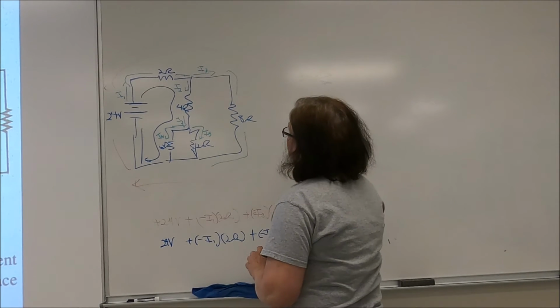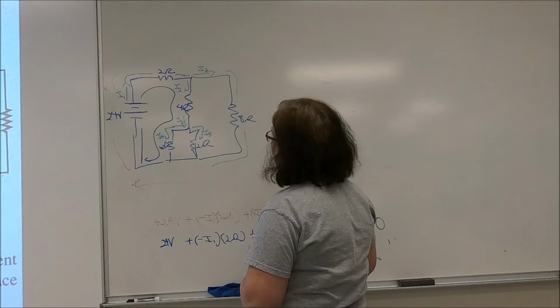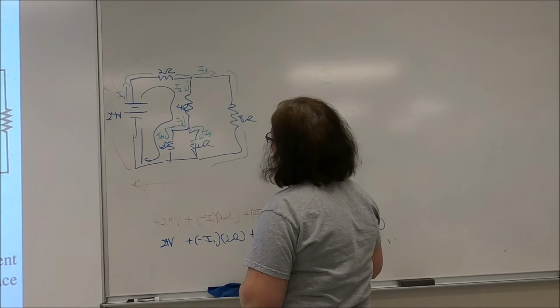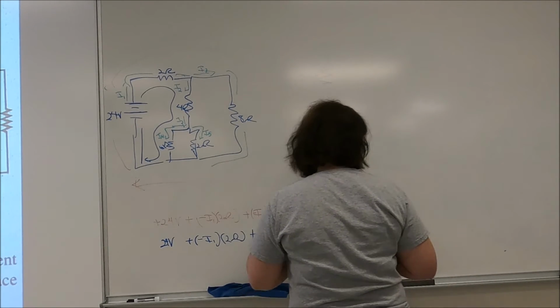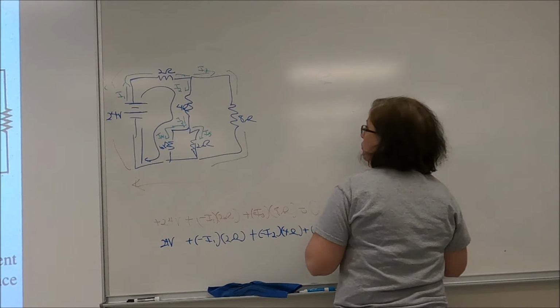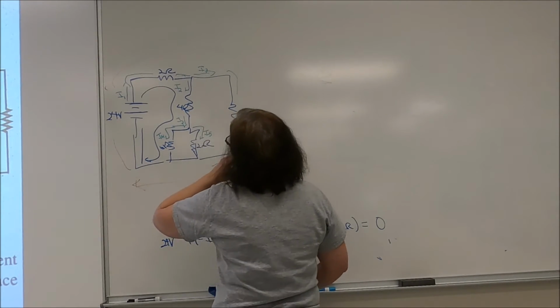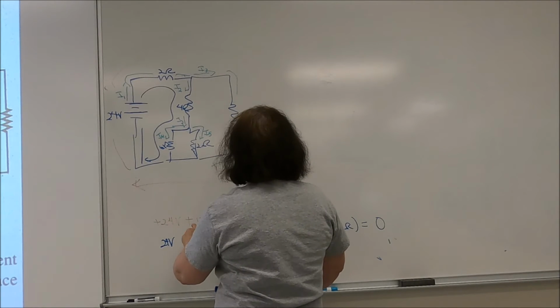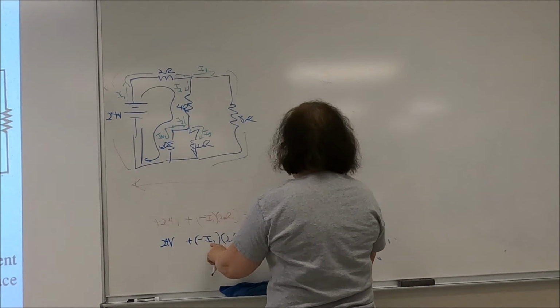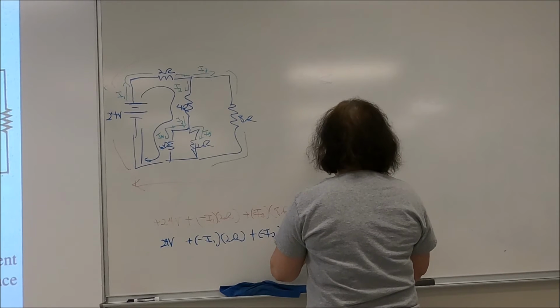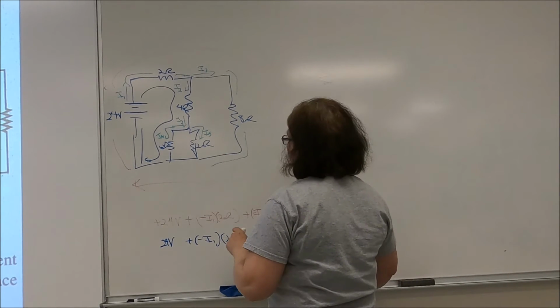Okay? Then we could take a loop. What kind of loop do I want? Let's see, I have right now 1, 2, 3, 4, I'm going to have 5 unknowns.